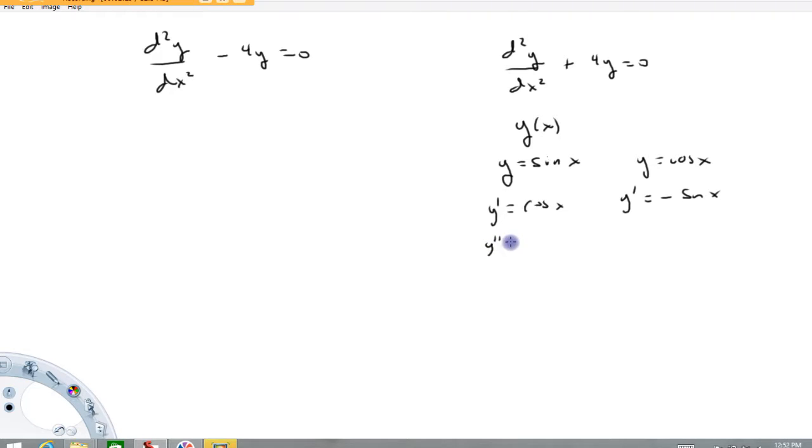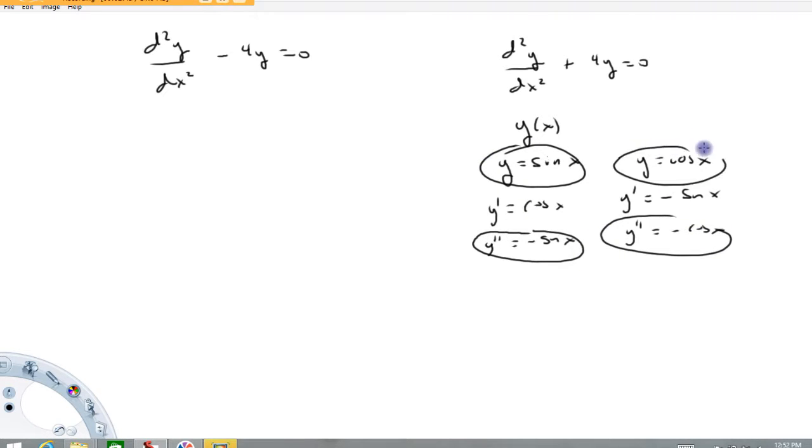And when we take another derivative, we now have minus sine x. Or on the right-hand side, if we take another derivative, we have minus cosine x. Notice that if I take y double prime and I add it to y, I get 0 in both cases. So the type of function that solves this type of equation are sinusoidal functions, sines and cosines.